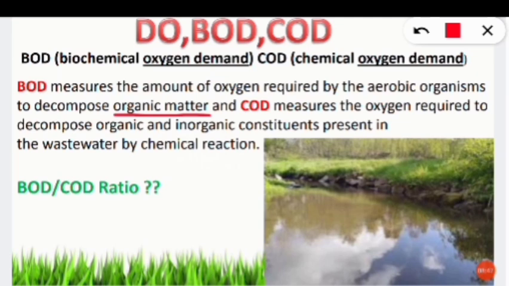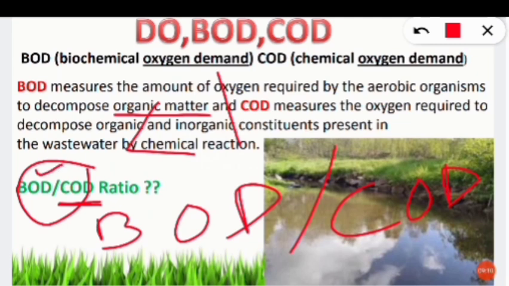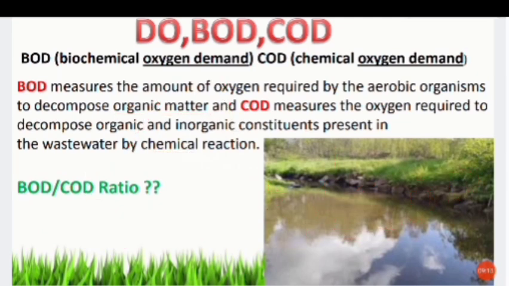Sometimes the question is asked: what will be the BOD by COD ratio? Every time you should remember that the BOD by COD ratio will be less than 1. Why? Because COD is always higher as it considers both organic and inorganic. If the denominator is higher, the complete value will not exceed 1, that means the BOD numerator is less. So the BOD by COD ratio will always be less than 1.